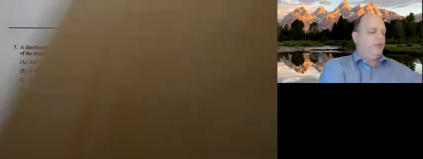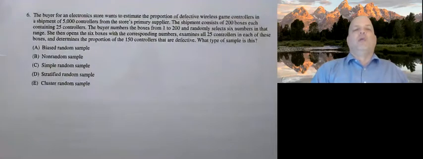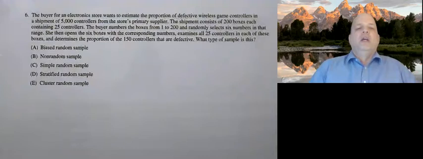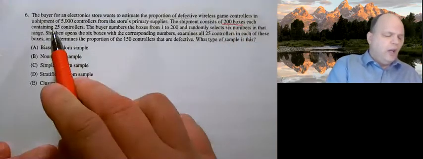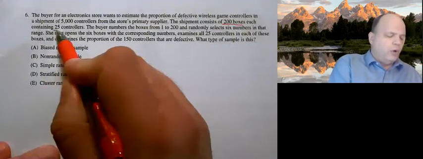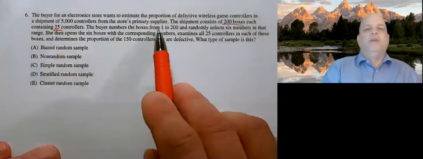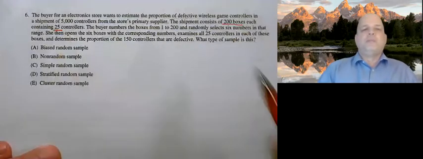All right, number 6. The buyer for an electronics store wants to estimate the proportion of defective wireless game controllers in a shipment of 5,000 controllers from the store's primary supplier. The shipment consists of 200 boxes, each containing 25 controllers. The buyer numbers the boxes from 1 to 200 and randomly selects 6 numbers in the range.